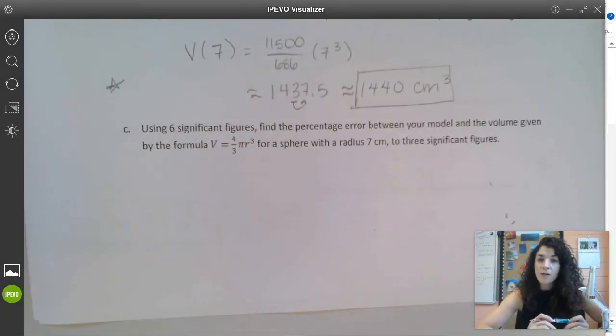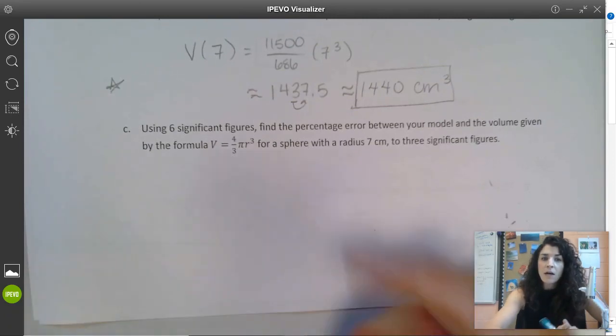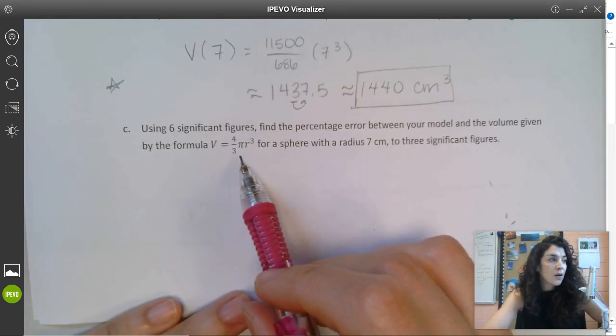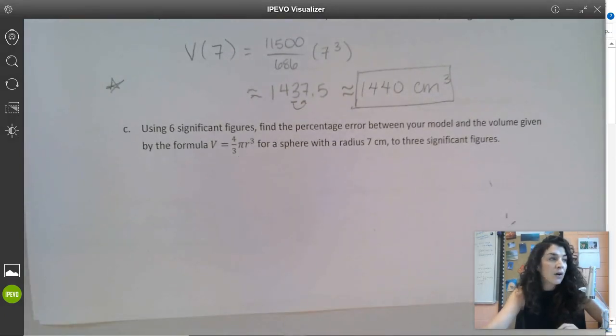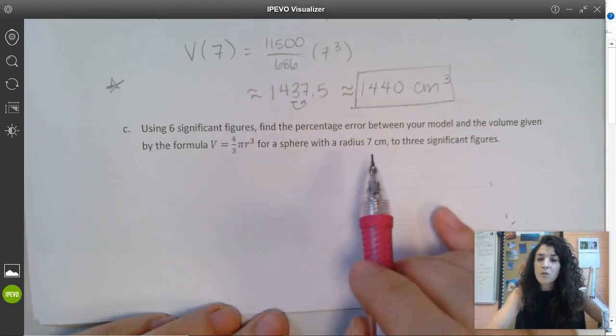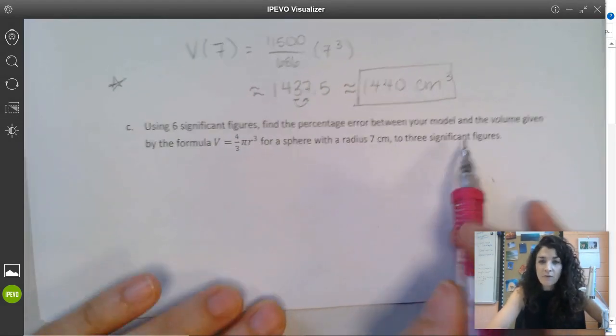Using 6 significant figures, find the percentage error between your model and the volume given by the formula 4/3 pi r cubed, for a sphere with a radius of 7 centimeters to 3 significant figures.